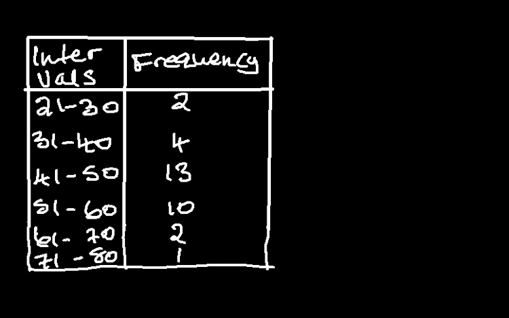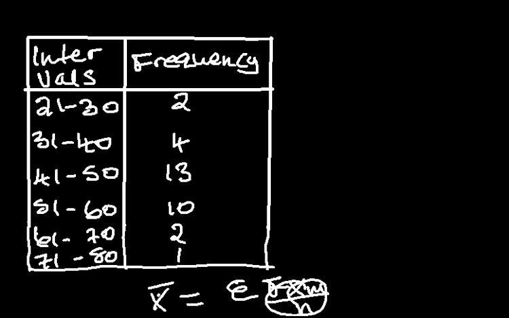Now how should you find the average for grouped data? The formula that is used is that the average, x bar, is given as the summation of fx divided by the value of n. What is this formula trying to tell us?